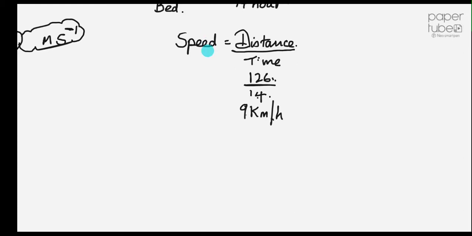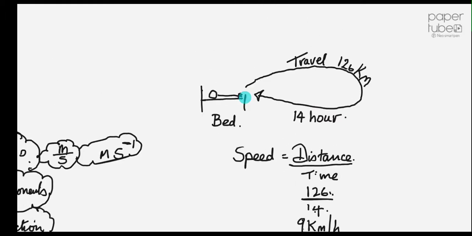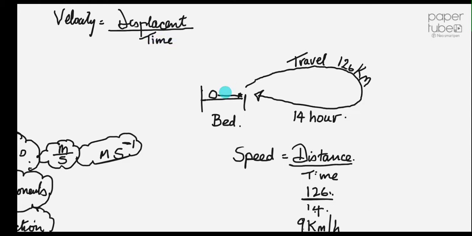But let's go back up to the bed here and talk about the velocity. The velocity is your change in displacement. Velocity equals displacement over time. If you started in bed and came back to bed and that was your zero reference, your displacement is zero, and it took you 14 hours.